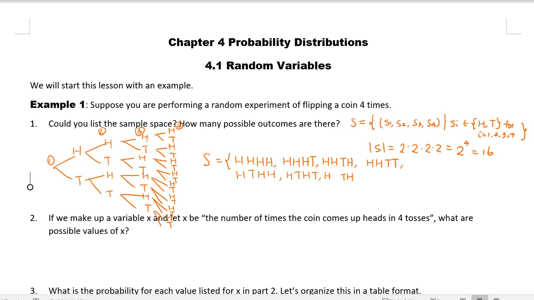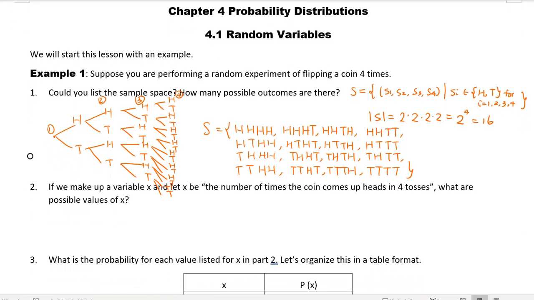Oops, sorry, I made a mistake there, let me correct it. Next, the ones starting with tail: you realize these are the same, just change the first flip. So tail, head, head, head, and so on, down to the last one, tail, tail, tail, tail. Okay, so these are the 16 outcomes.